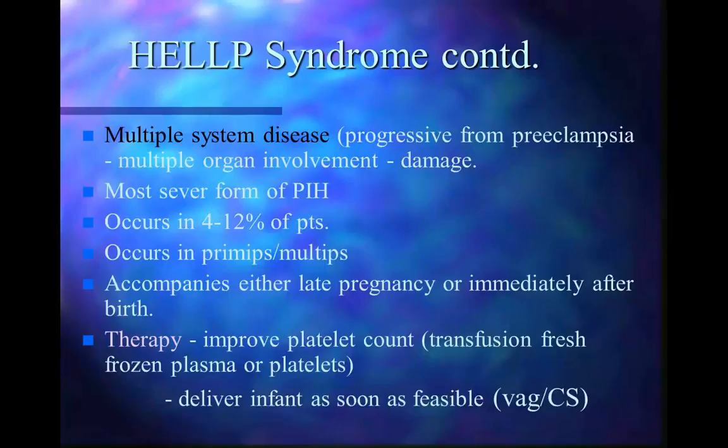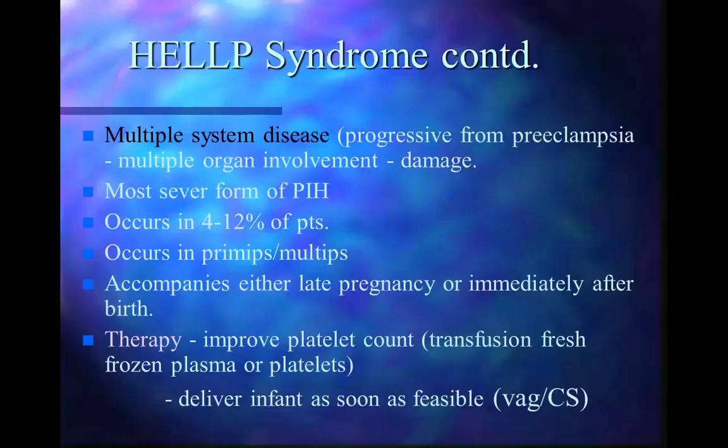Preeclampsia tends to be a disease mostly of primaps, not always, but mostly. But HELLP syndrome occurs in primaps or multips. It doesn't care. And it accompanies preeclampsia either in late pregnancy or just immediately after birth.